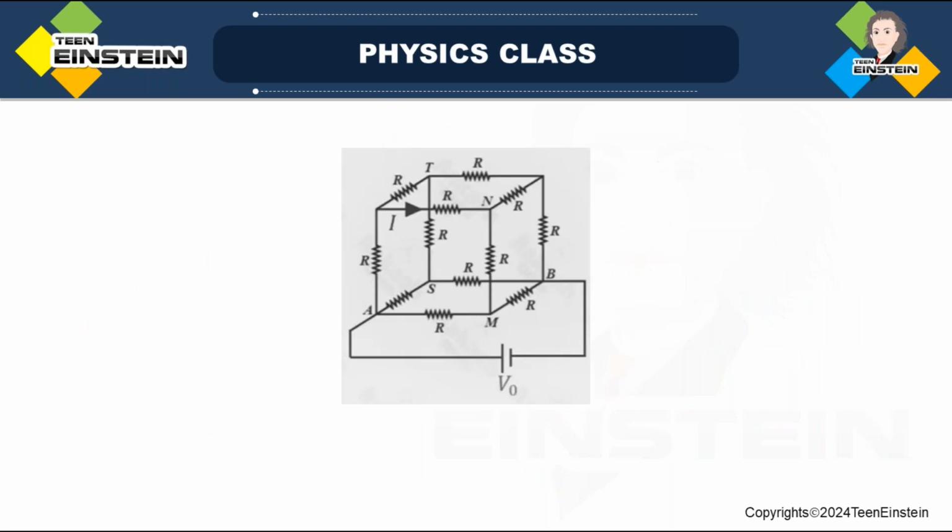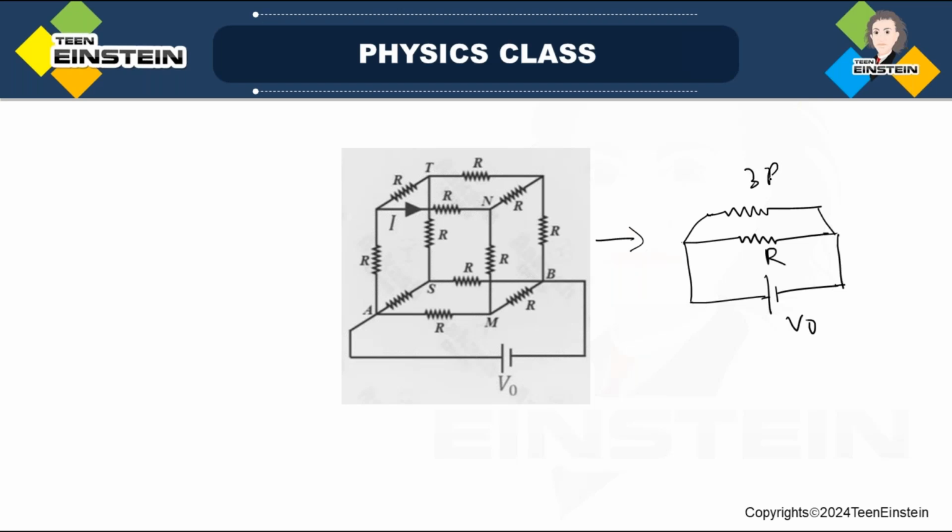Now look, the whole figure will be like this. This is R, and we have 3R, along with that there will be this battery V0.